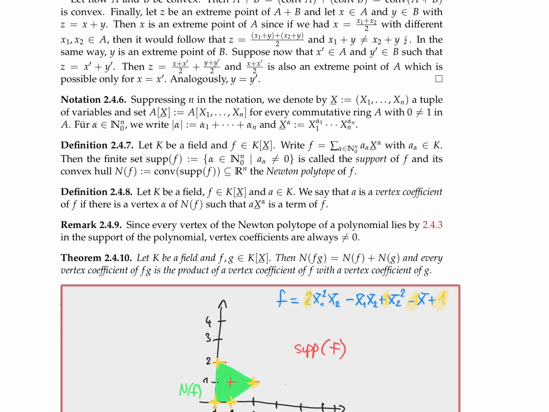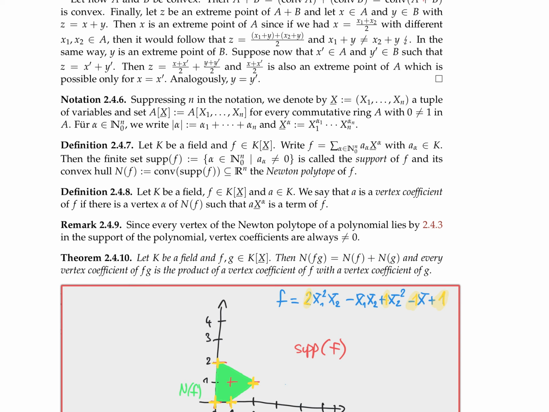Now comes the first interesting fact. You know that if you are working over a field, the degree of a product of polynomials is the sum of the degrees. That's easy to see. And here we have a similar thing: the Newton polytope of f times g is the Newton polytope of f plus the Newton polytope of g. So we use here this Minkowski addition of convex sets.